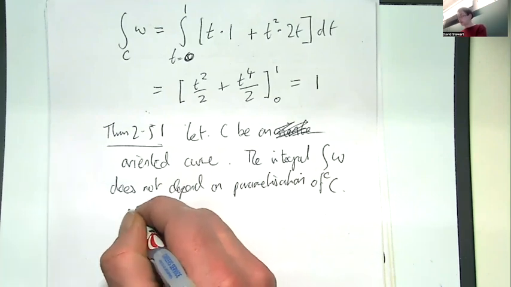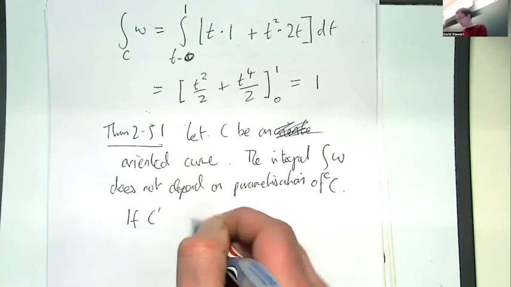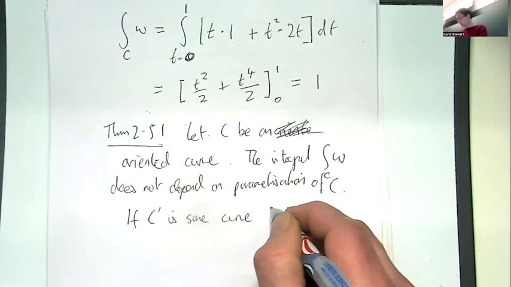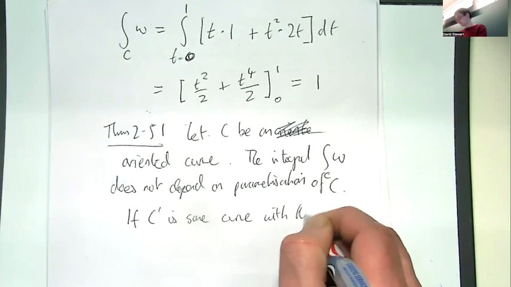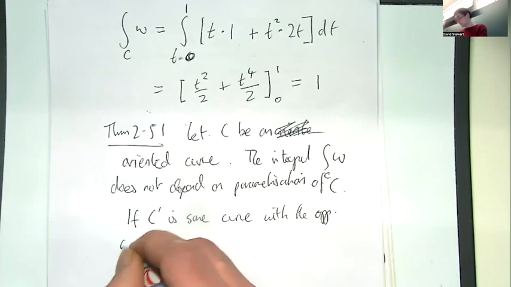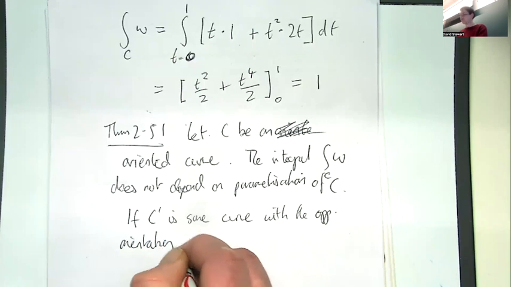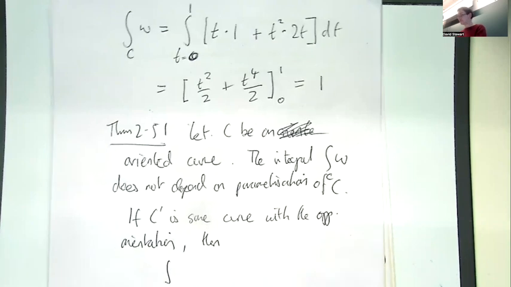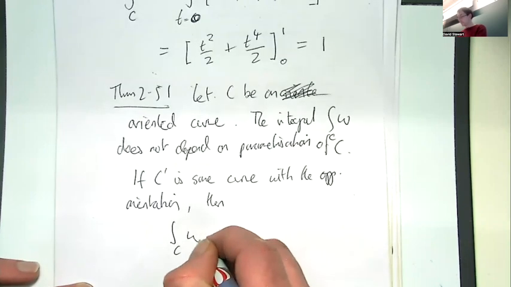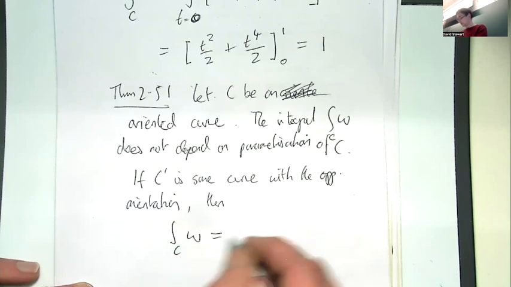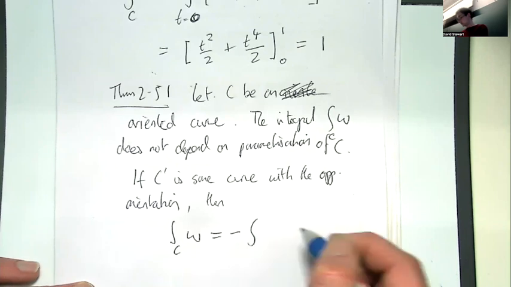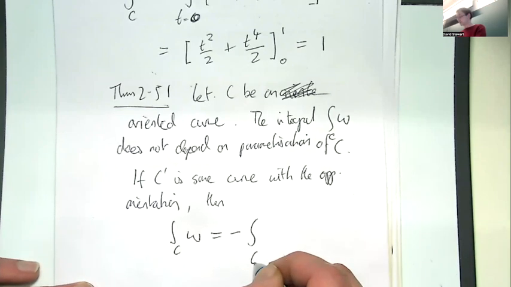On the other hand, if C dashed is the same curve but with the opposite orientation, then the integral over the curve that you get from the first orientation is equal to the negative of what you get from the second one.